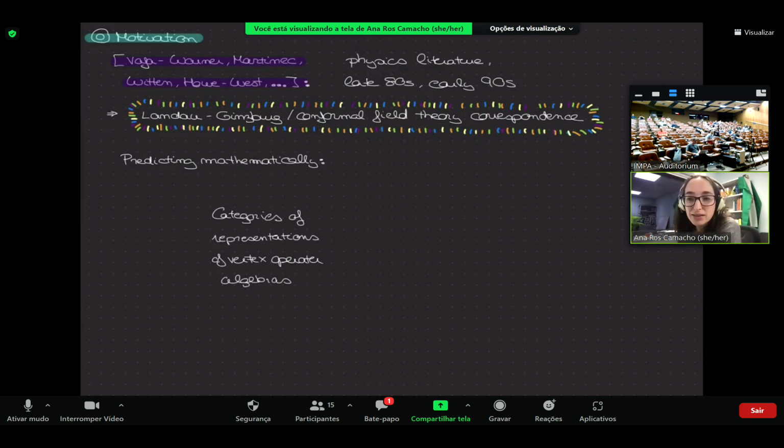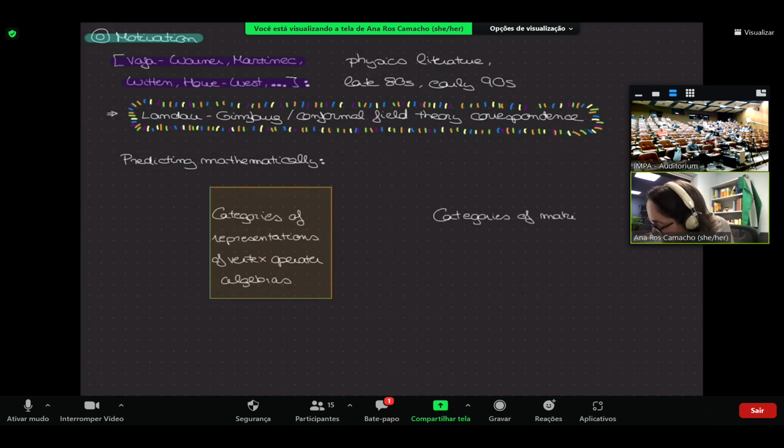This phenomenon tends to appear with N=2 supersymmetry. On the one side, and then on the other side, this should be related in some way to something called matrix factorizations.